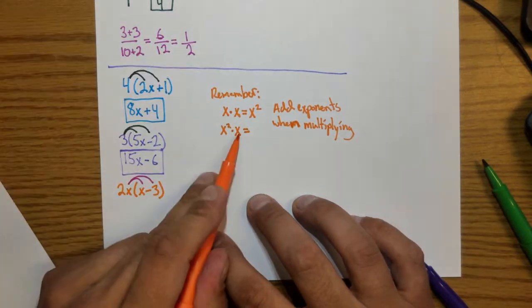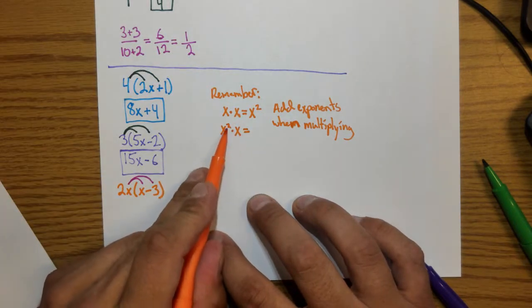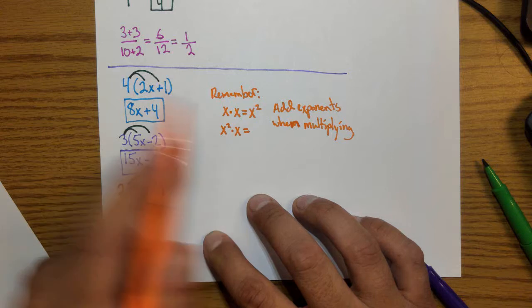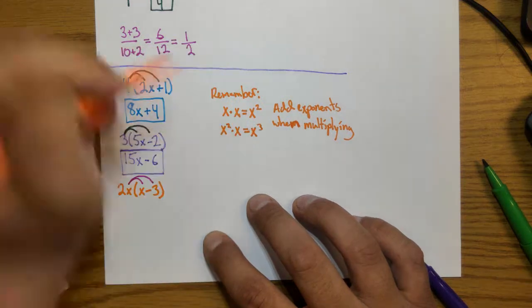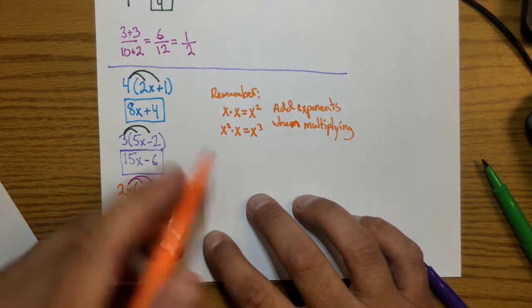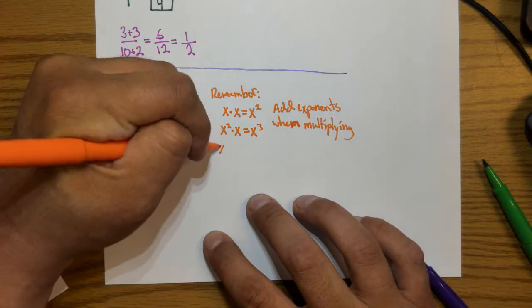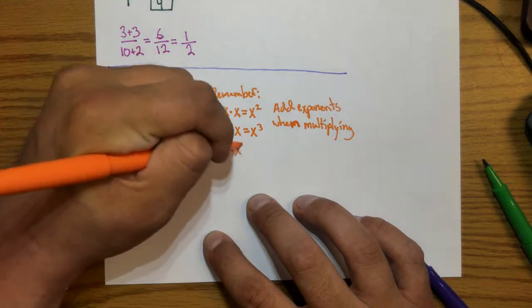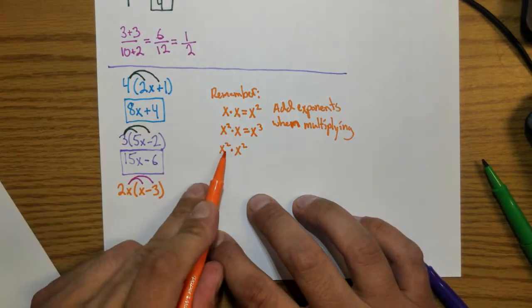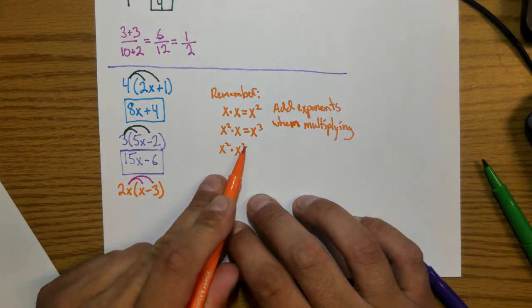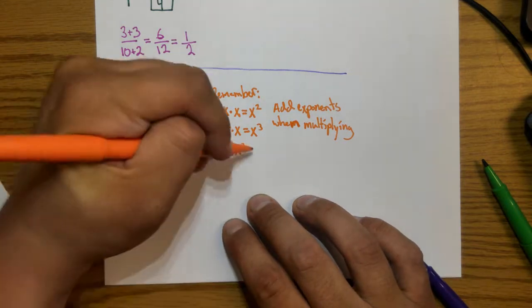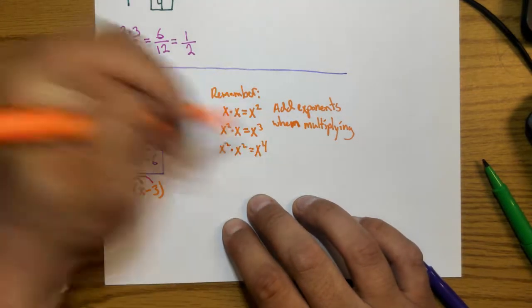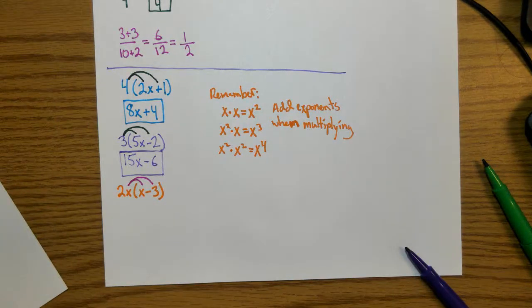Well, there's an invisible 1 up here, so 2 plus 1 is 3, so it would be x cubed. Right? Or likewise, x squared times x squared, that's 2 plus 2, which is going to give us x to the 4th, and so on. So that's just a nice little tip there to remember.